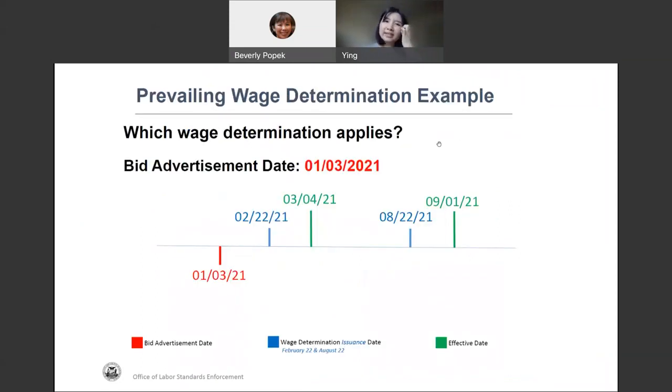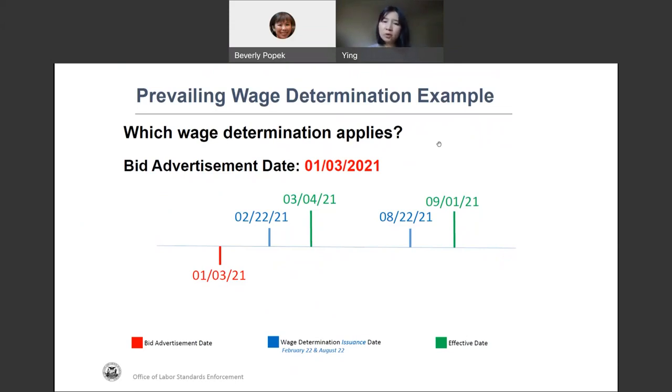So here are some dates, and we can do a little practice. You see that we are taking a project that has a bid advertisement date on January 3rd, 2021, which is in red here. And remember that we talked about how the wage determinations are issued twice a year, on February 22nd and also August 22nd, and they're all highlighted in blue here.